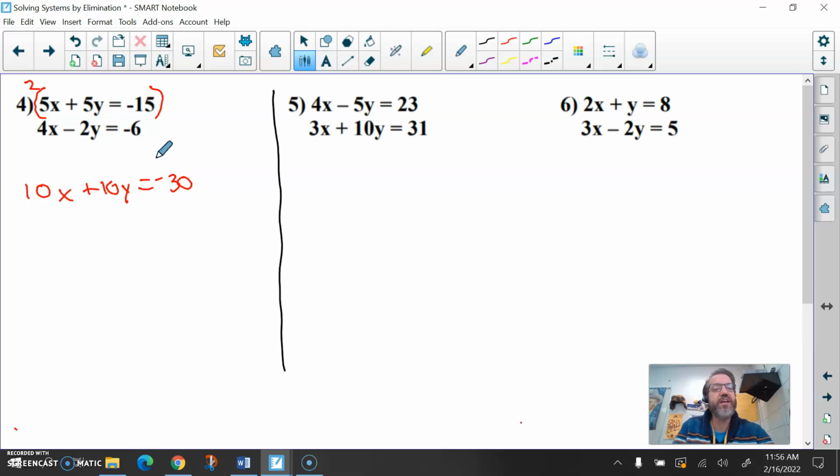All right, now my second equation, if I want this to be a 10y as well, or in this case minus 10y, I'm going to have to multiply this by 5. So we're going to multiply everything in this equation by 5.